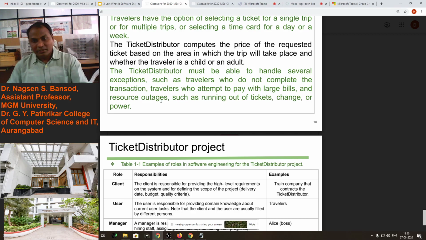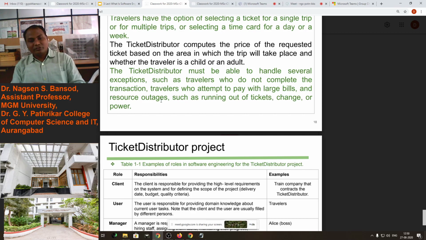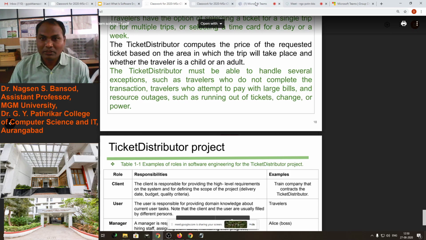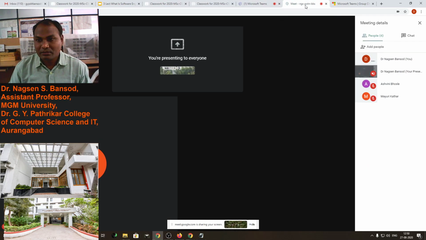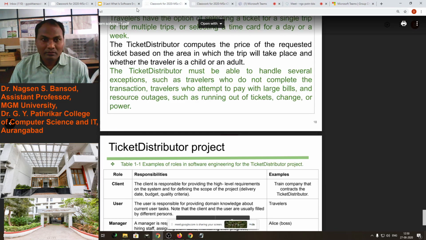He will give the passenger a bigger bill than expected. The passenger wants to go just to Sidco bus stand, and our ticket distribution machine may give a ticket up to the Central bus stand. Such a type of problem may be there.